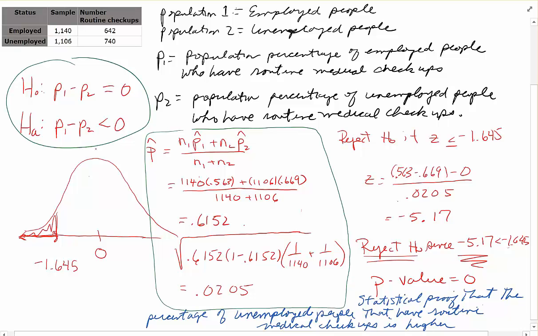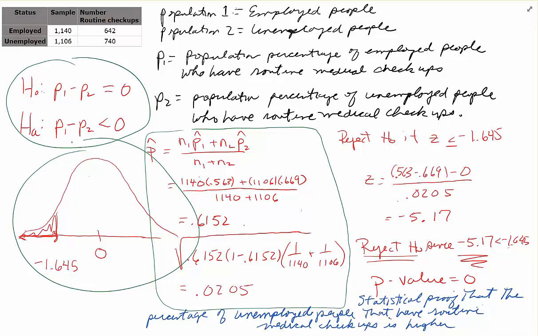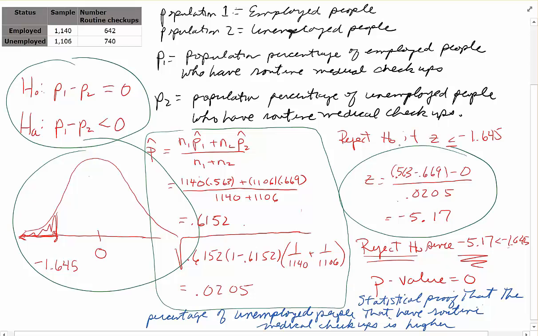Step 2 is the sampling distribution, and that's assuming that the null is true. It's built on that. And then when we get to our test statistic, do those two agree? And they, in this case, don't.